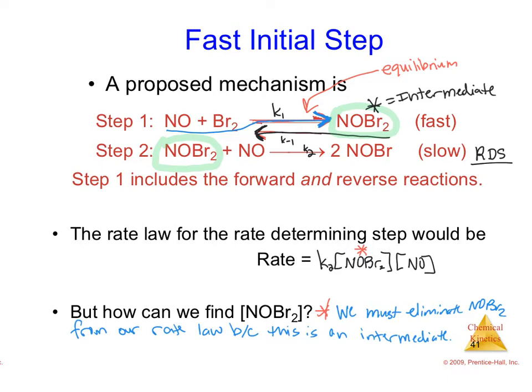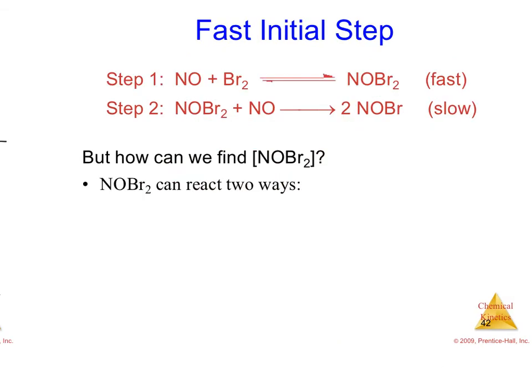Again, we cannot have intermediates in our rate law. We see this as an intermediate, and that tells us we're going to have to move forward with the steps to eliminate the intermediate. Let's take notes on how to eliminate an intermediate from our rate law.